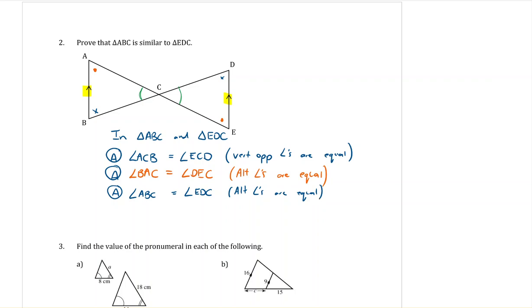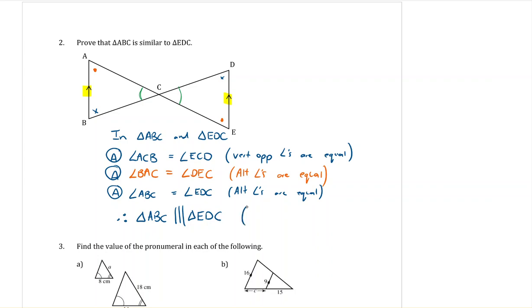Okay, so my last line is to do a conclusion. Therefore, triangle ABC is similar. Match the vertices. What's the vertices? A matches with E and D, C. Now it is the test AAA, but remember before I said for similar, we prefer to write a little description.